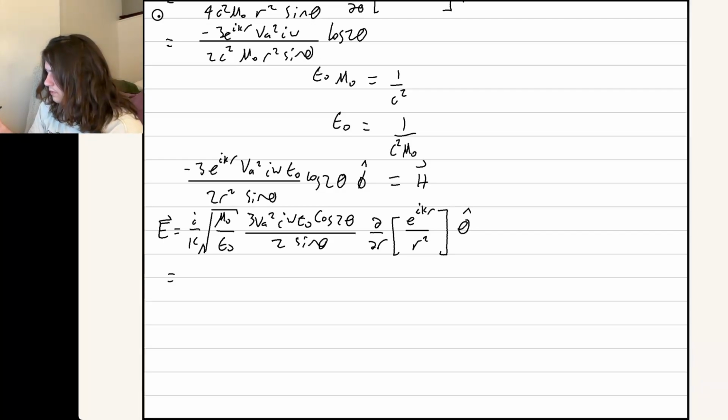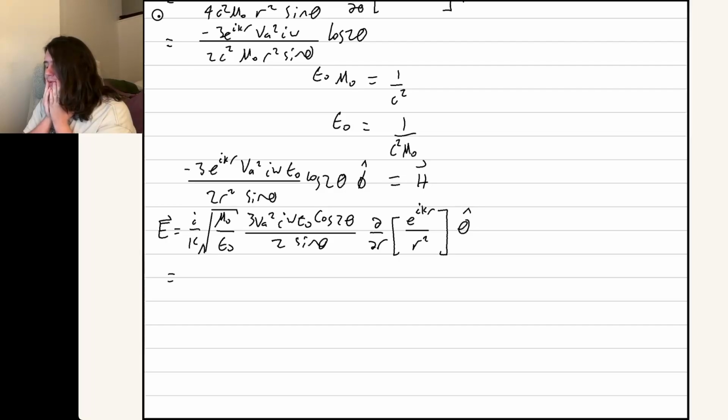So that derivative isn't too bad. I'm going to try and simplify the stuff that we have in here. We have square root of mu naught over epsilon naught times epsilon naught.